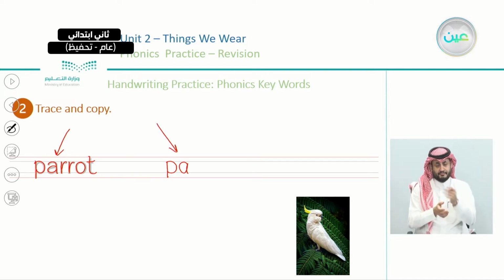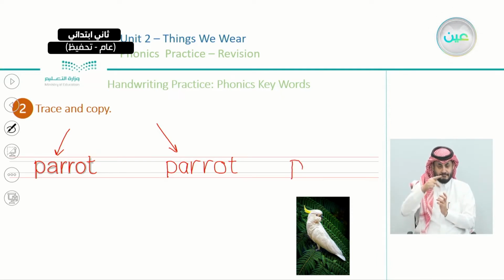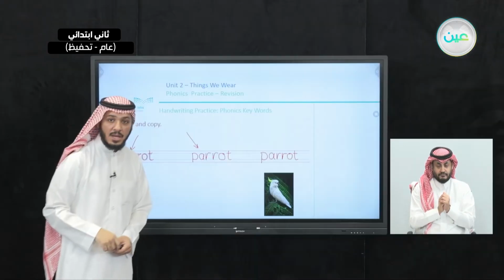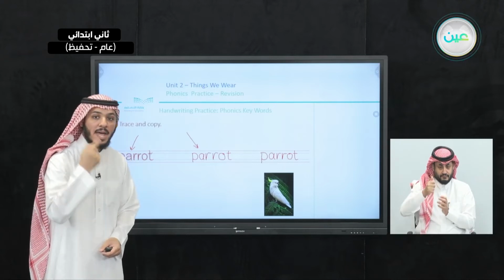P, A, R, R, O, then we have T, and T starts from line number 1 up to line number 3. Again, P, A, R, R, O, then we have T. So it's a parrot. Say it with me. Parrot.